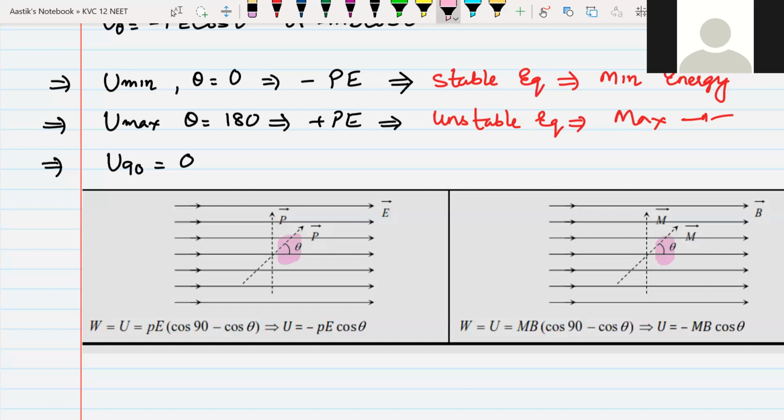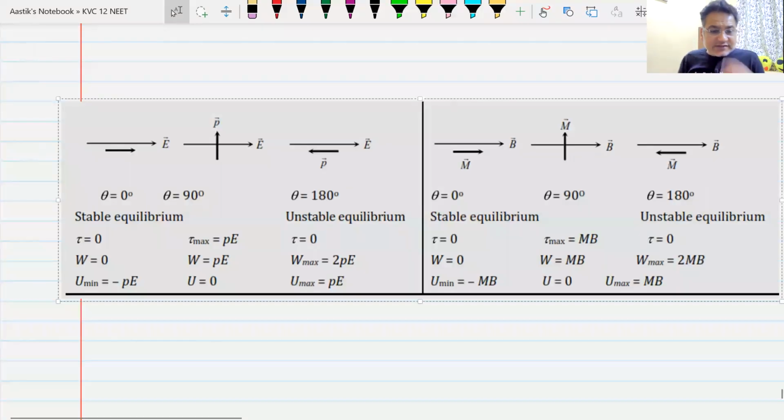Okay. Then you can draw this diagram as well for stable, unstable equilibrium. This is the diagram that you can see. When theta is 0, the equilibrium is known as stable equilibrium. What is stable equilibrium?